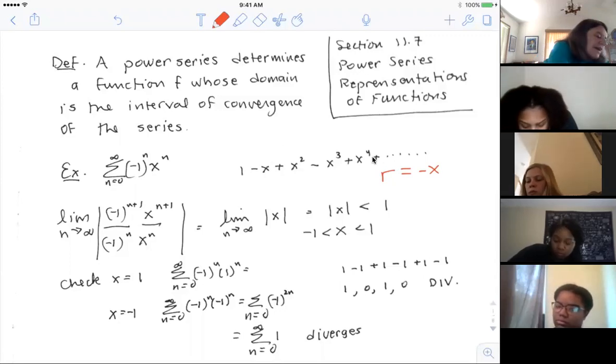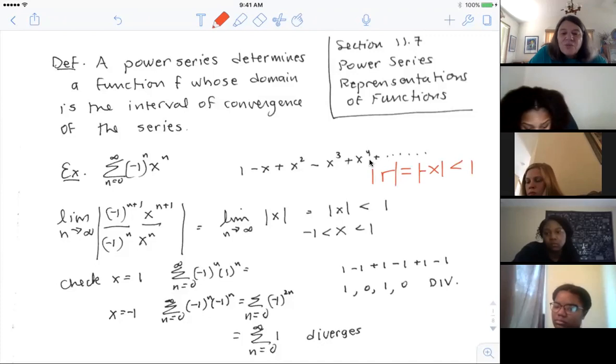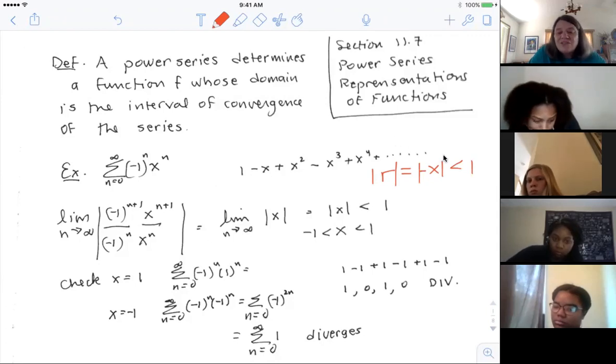And we know that that converges when the absolute value of R is less than 1. And actually, if we had seen that and realized it was a geometric series, we would have known via a different way. I mean, we could have used the ratio test on it, but it does turn out that it's convergent between -1 and 1. You can see that two different ways, like this, or the fact that it's a geometric series.